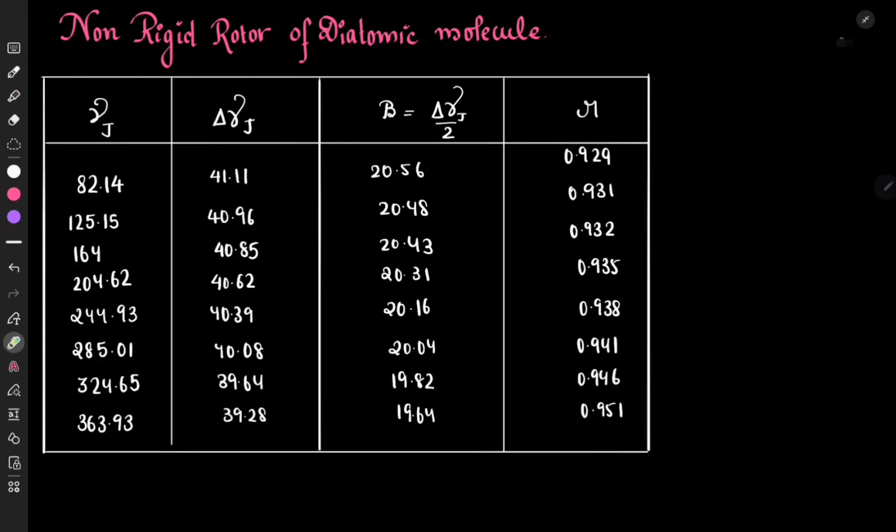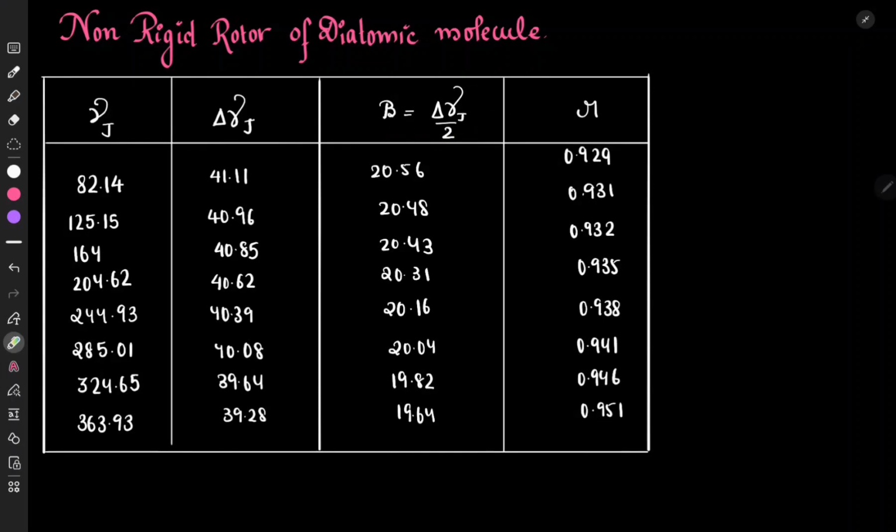As I go down, you see the frequency keeps on increasing, but the frequency gap is steadily, or more rapidly, decreasing due to the change in bond length. You see up to here it's somewhere constant, and then again it's rapidly changing. It's due to the change in its bond length.